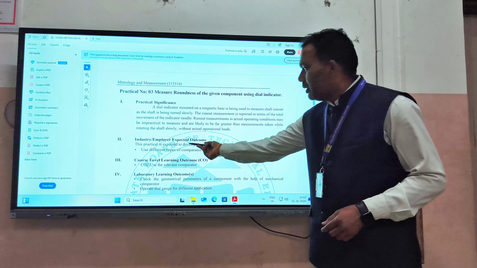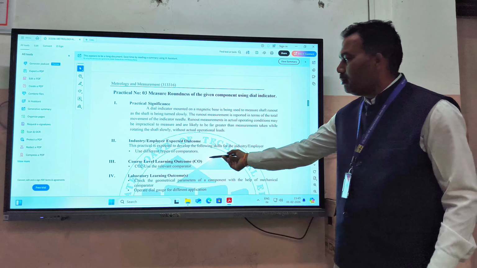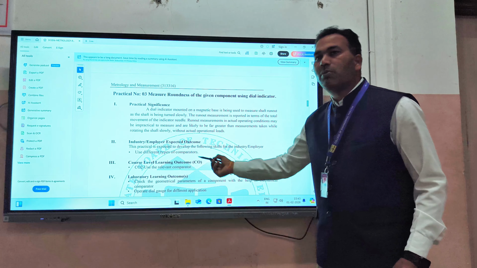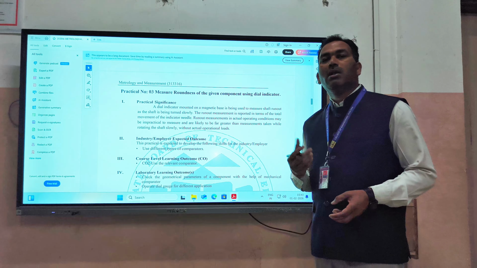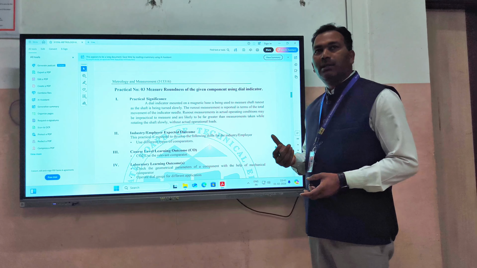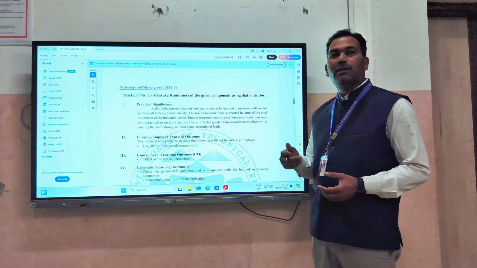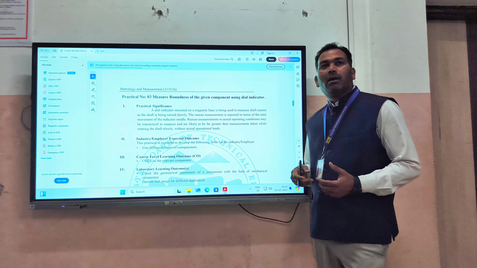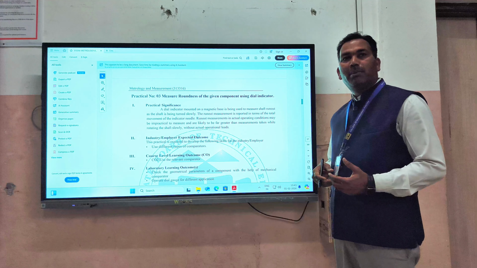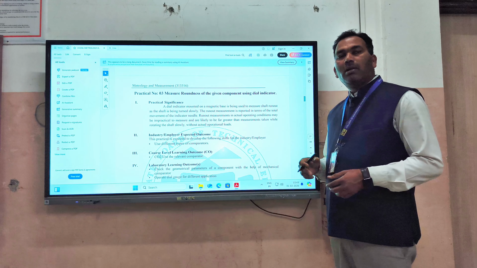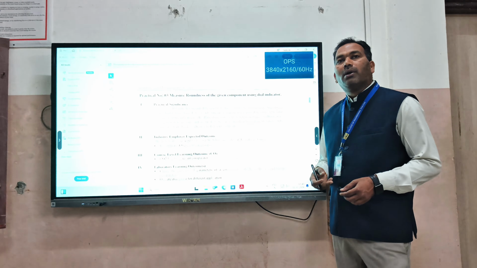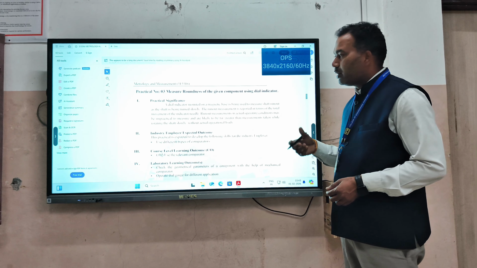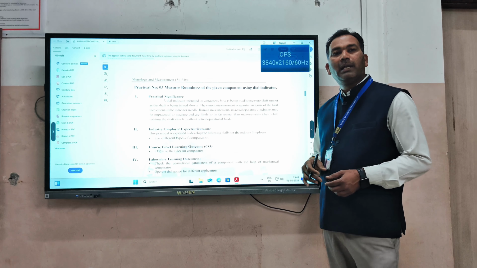Here the practical expected outcome is to use different types of comparators. We know the different types of comparators: mechanical comparators, in that particularly the dial gauge indicator; another type is the sigma comparator; also the pneumatic comparator, the air gauge type; also the electronic comparator, or the optical type comparator.